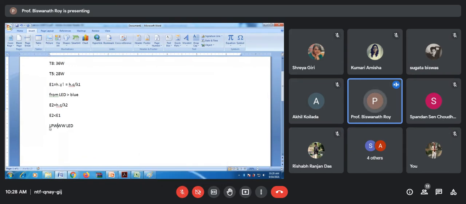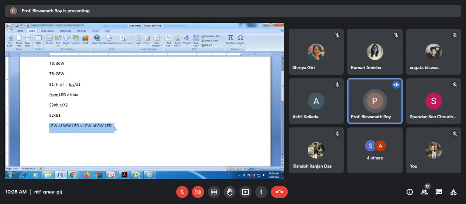And you see in practical application, we will see later, the lumen per watt of warm white LED is less than the lumen per watt of cool white LED.